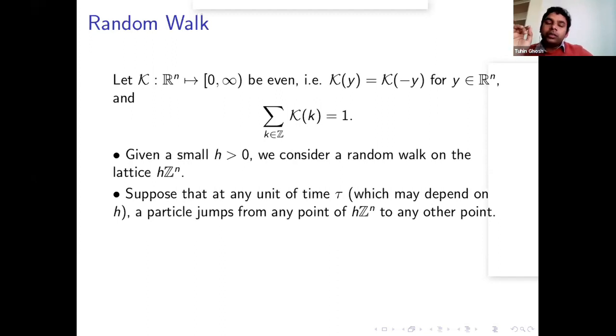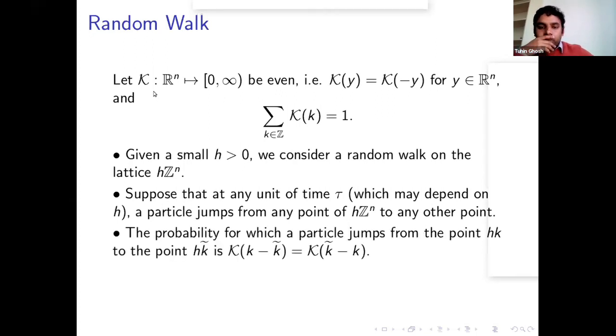It can jump, but then you want to associate some weight, a number, or the probability that it can jump from this point A to point B, or point A to point C, and so on and so forth. That will be given by this kappa. That's the reason I introduced this kappa at the beginning.